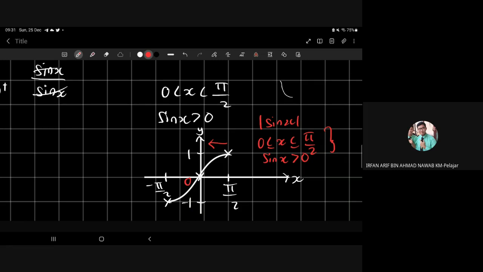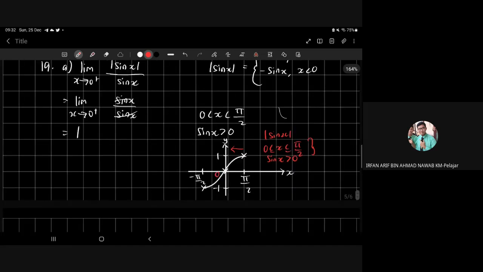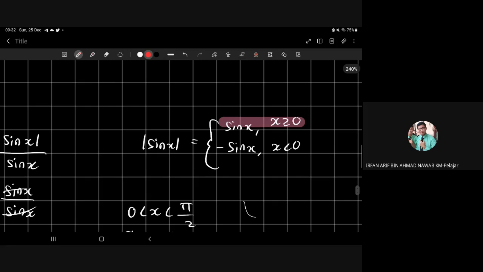Is 0 inclusive? Until we check whether it's inclusive or exclusive. Wait, let me create a more precise function. So we know that from 0 to pi over 2 it is sine of x.